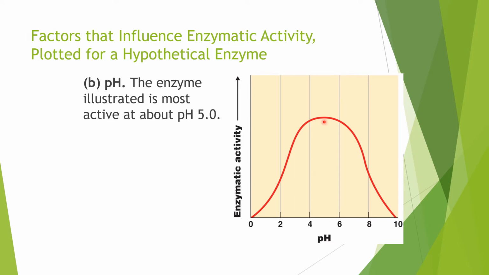Now, if you go ahead and change the pH of, let's say, a solution, and you make it more acidic, or you turn it into a basic solution, once more the enzyme is going to start deactivating, and you can see that the reaction is going to start slowing down to the point, again, that the reaction could completely stop.